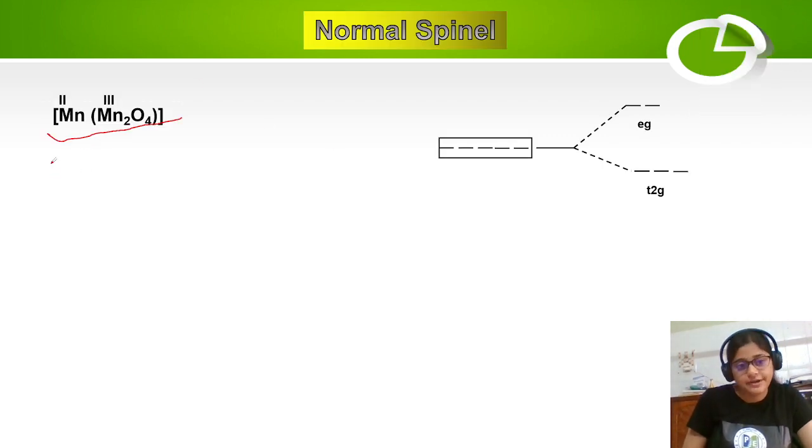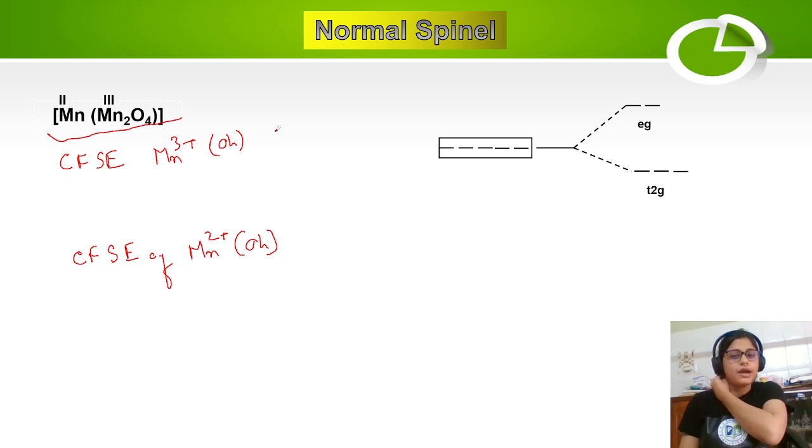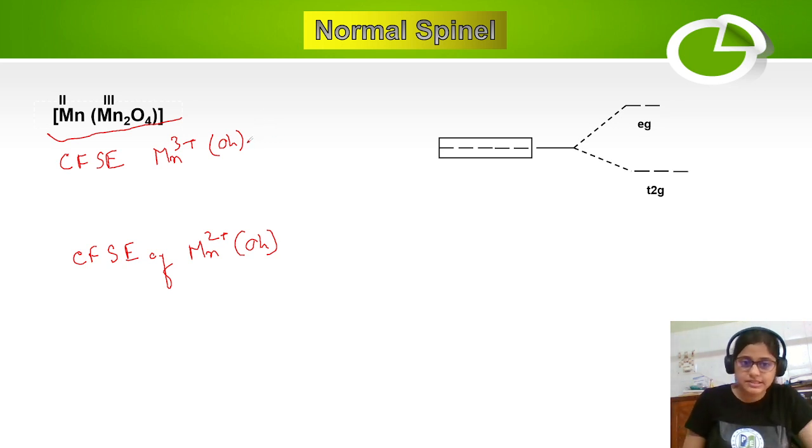We have to find out the CFSE for Mn3+ in octahedral, and the CFSE of Mn2+ in octahedral. That only we have to find out. Mn2+ is a d5 system and Mn3+ is d4.